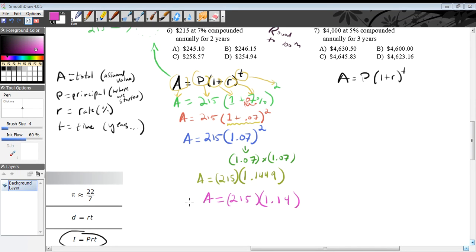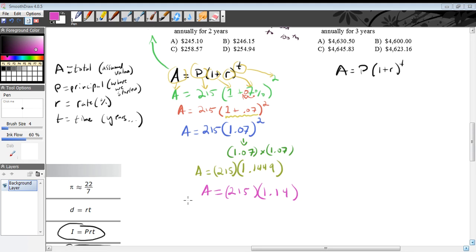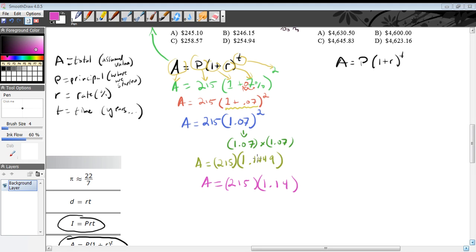Now, once we multiply 1.14 times 215, this answer is going to give us 245.1.